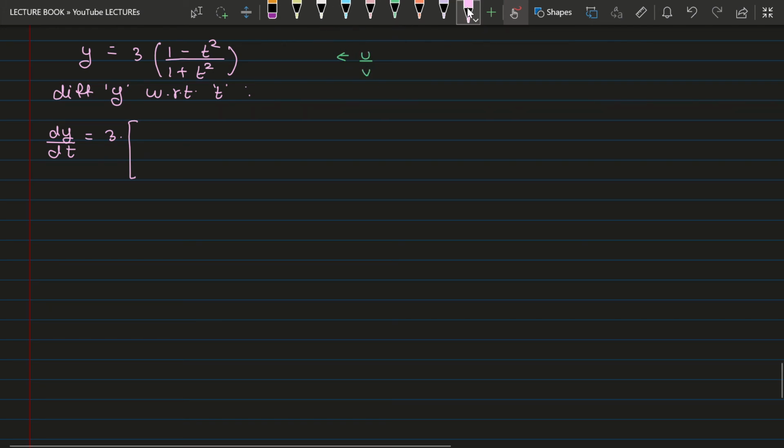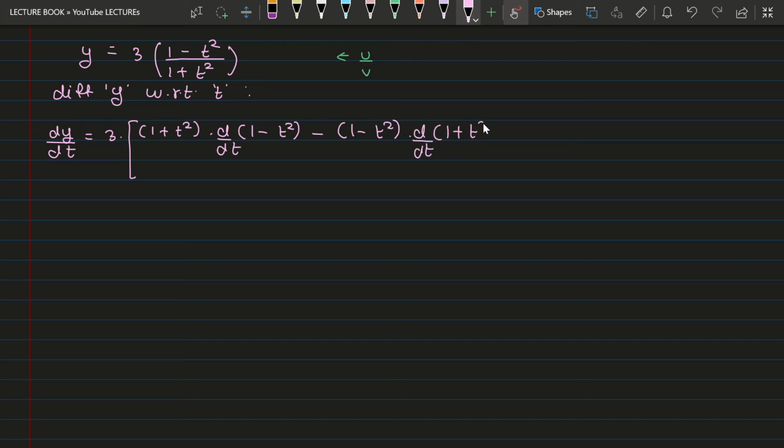So like we did for the variable x, in the similar manner I will get 1 plus t square into derivative of 1 minus t square minus 1 minus t square into derivative of 1 plus t square and whole upon 1 plus t square the whole square.